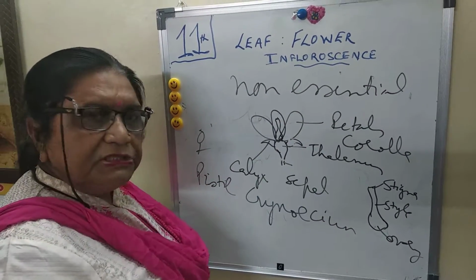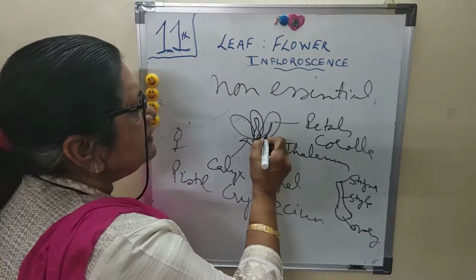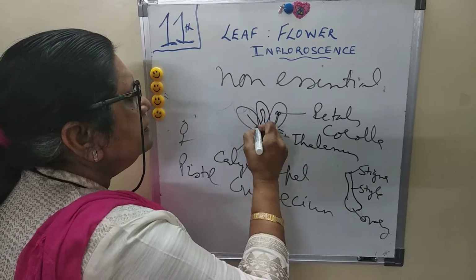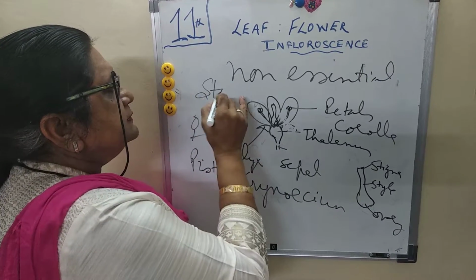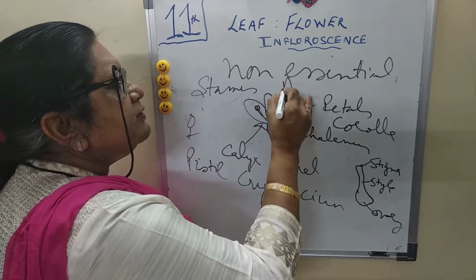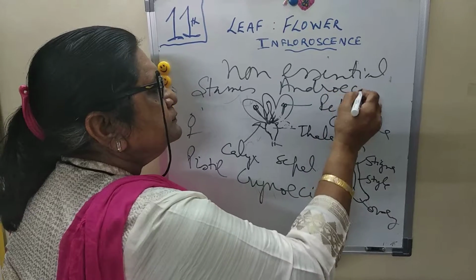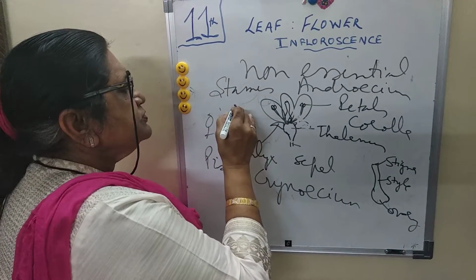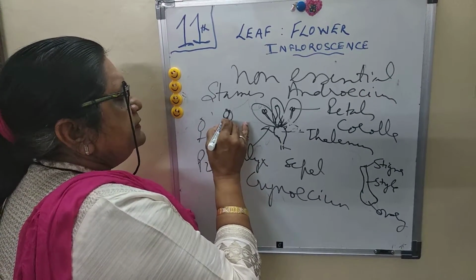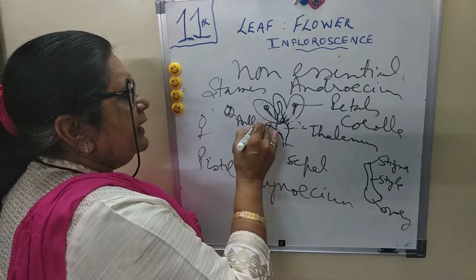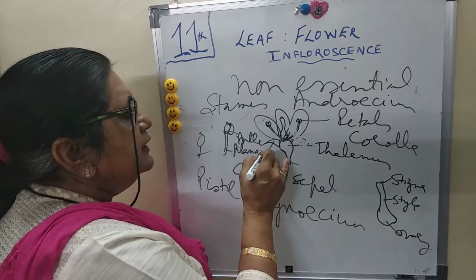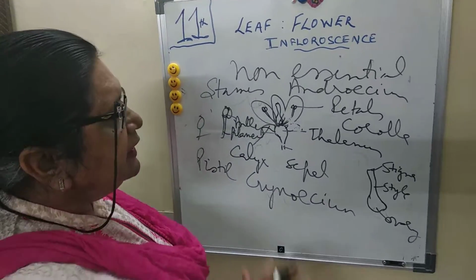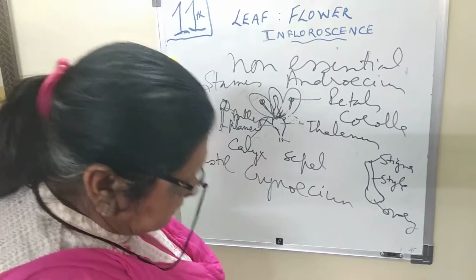Then the male part is called stamens or androecium, which further consists of two structures, anther and filament. We will discuss this also in 12th in detail. Here you will learn only the names of these.